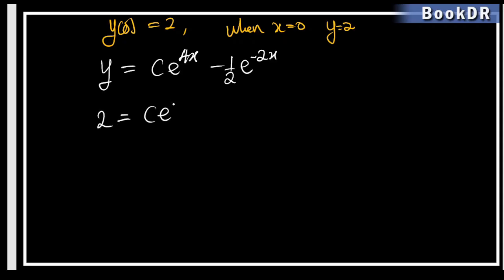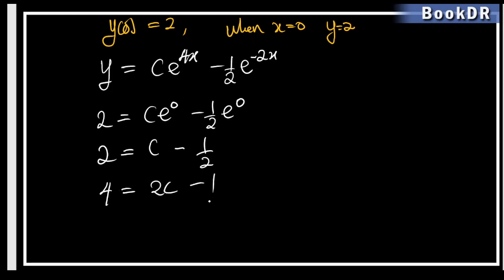2 will be equal to c e^0 minus half e^0. This becomes c minus half. We multiply through by 2, and we'll have 4 is equal to 2c minus 1.